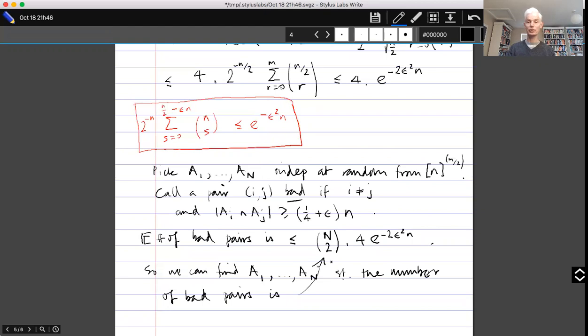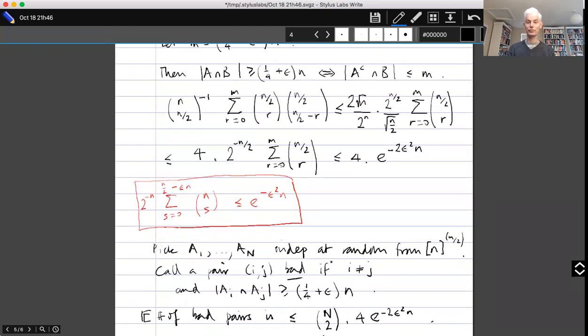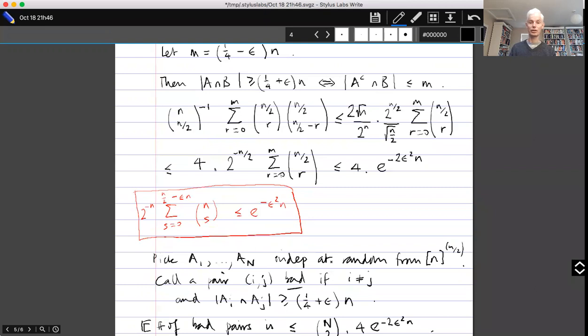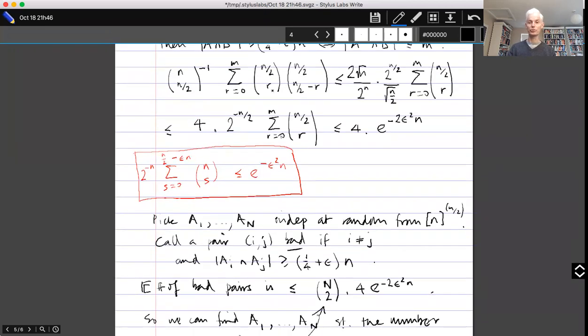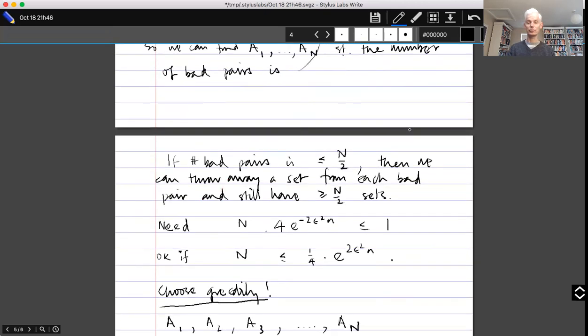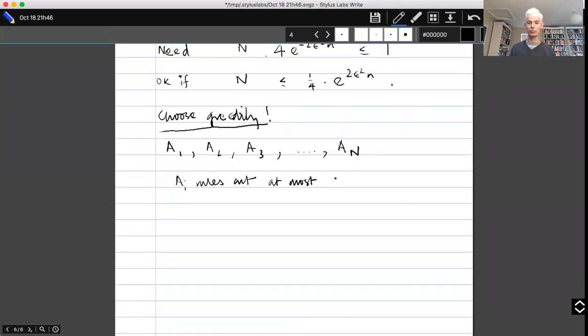We looked at how many sets could intersect a given set in more than (1/4 + epsilon) n, and the bound that we got for it was 4 times e to the minus 2 epsilon squared n times 2 to the n. So at most 4 e to the minus 2 epsilon squared n times 2 to the n sets.